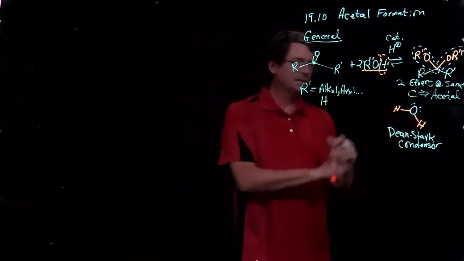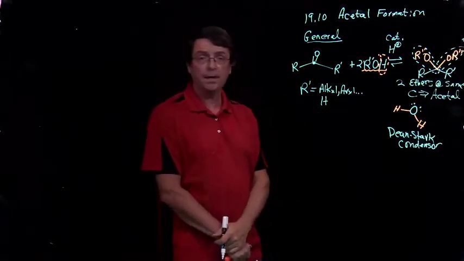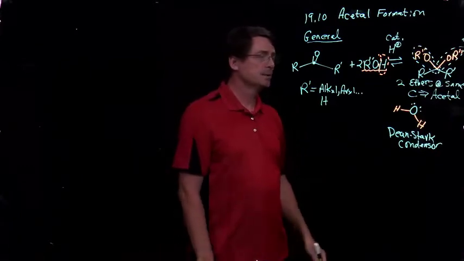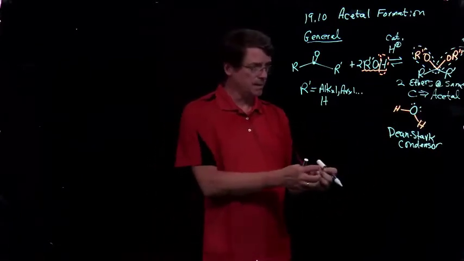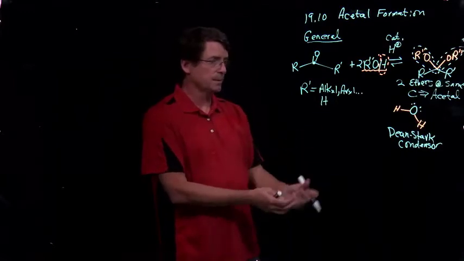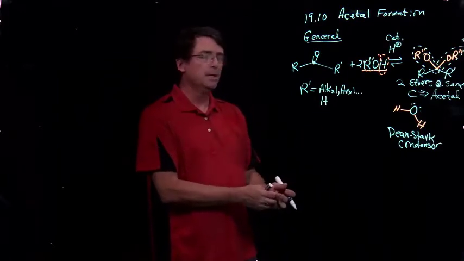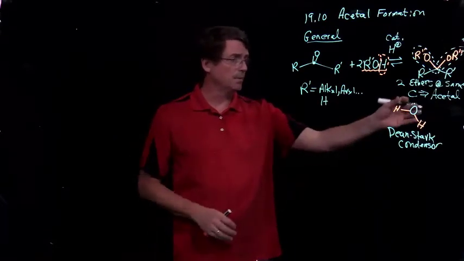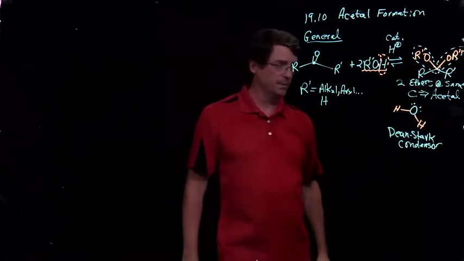Or you can add agents that bind the water in lab, perhaps. You've used magnesium sulfate, and so you can just throw magnesium sulfate in the reaction. The water binds physically to the insoluble solid that removes it from solution and, of course, from the equilibrium. You remember that principle from Gen Chem? We change equilibrium. Le Chatelier's principle. We remove the water, we shift the equilibrium.